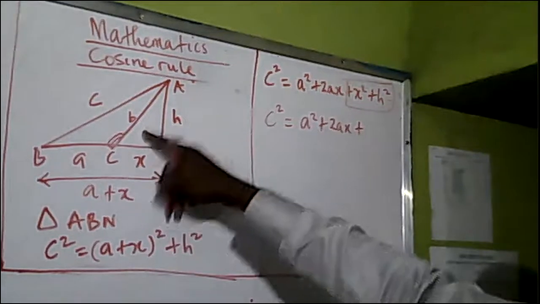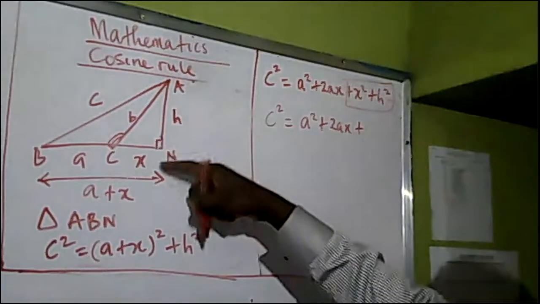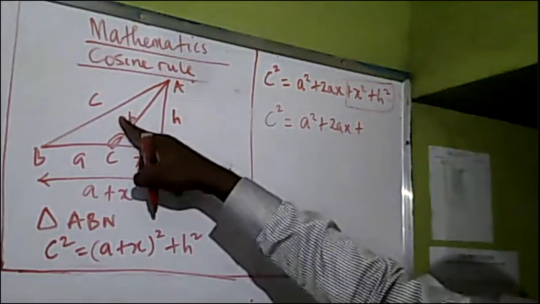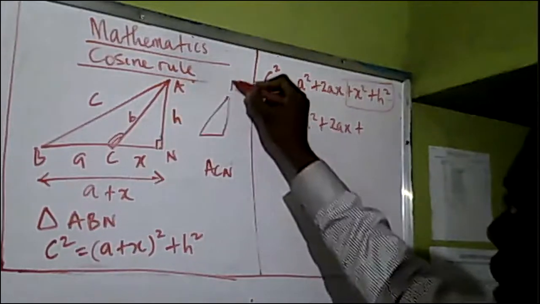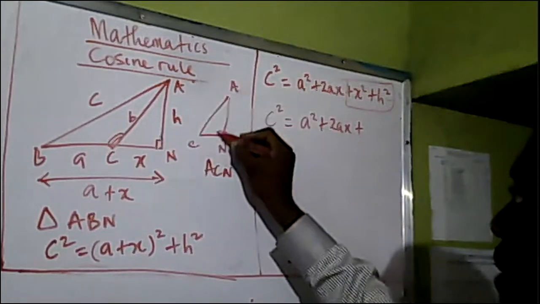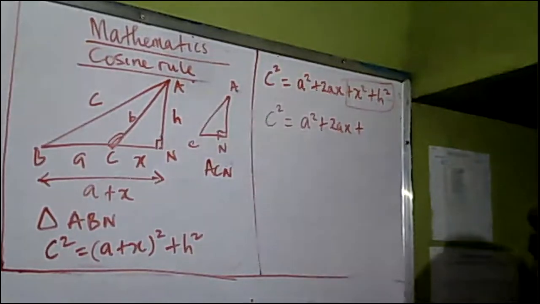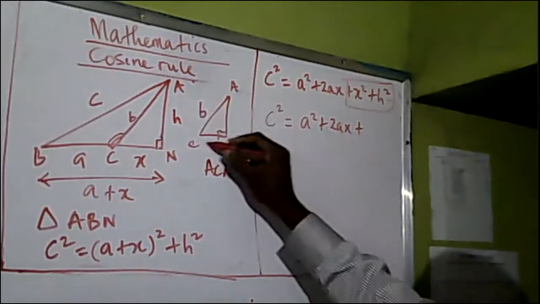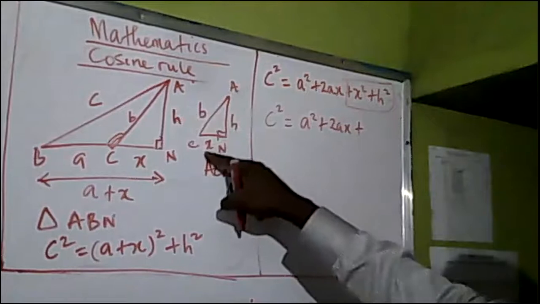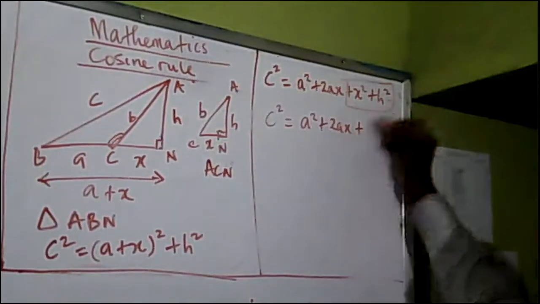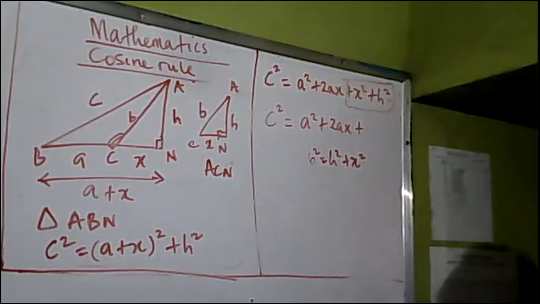Going to this smaller triangle, ACN. So this is your B square. From this smaller triangle, ACN, let me draw it out. ACN, right angle triangle. This is your B, this is your X, this is your H. So B square is equal to H square plus X square, or X square plus what?